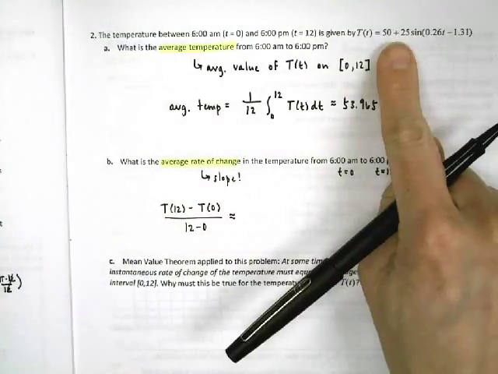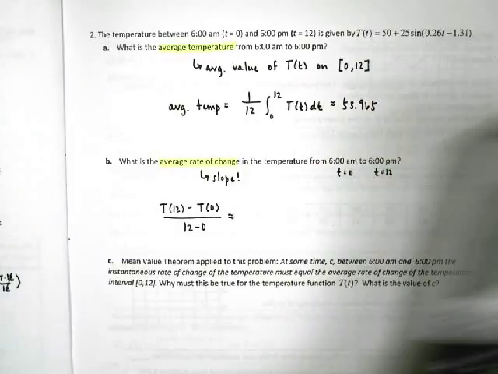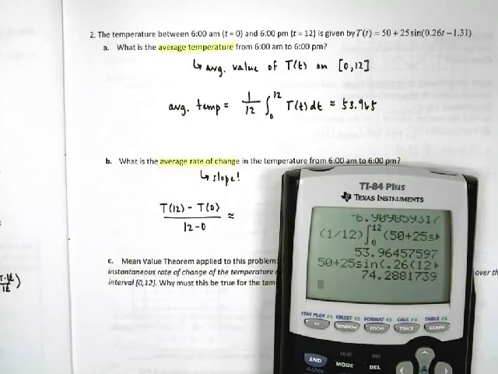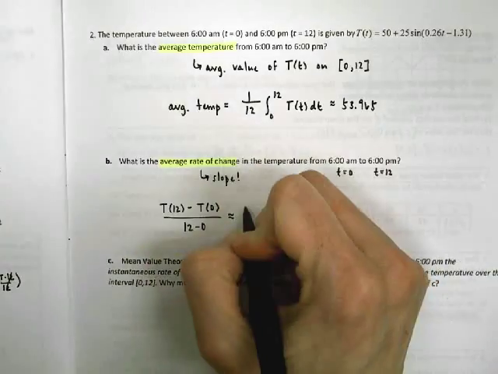So for T of 12, I'm just going to use my temperature function and my calculator to figure out that value. So I have 50 plus 25 times the sine of 0.26 times 12 minus 1.31. And I get 74.288. So I'm going to fill that in.